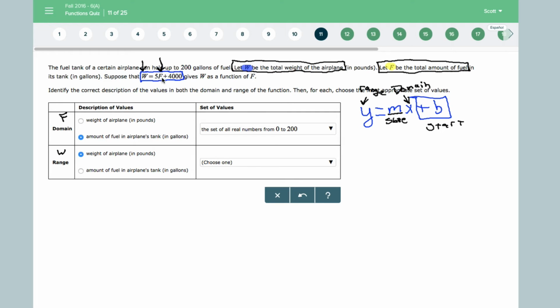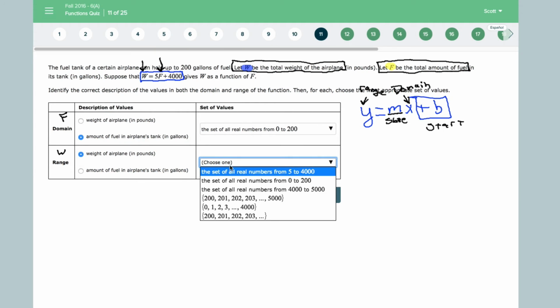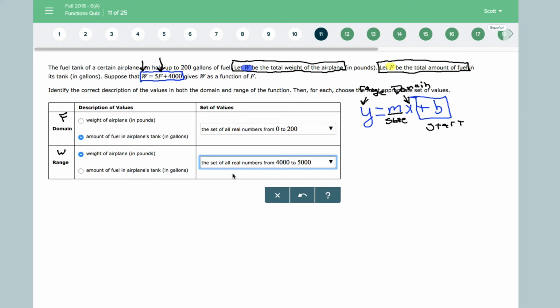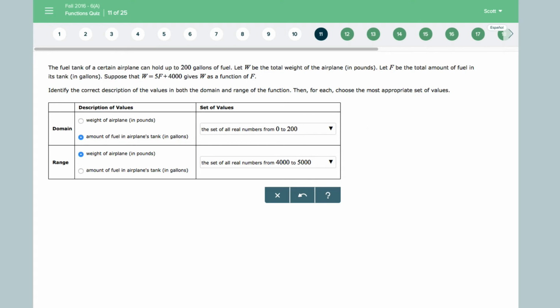If we put 0 fuel, 5 times 0 is 0. 0 plus 4,000 is 4,000. So no matter what we have in there, it can't weigh less than 4,000. If we put 200 in there, that would be 1,000. 1,000 plus 4,000 is 5,000. So this is just saying, if I plug in that 0, what would I get? If I plug in that 200 right there, what would I get? Okay, and that's how you answer that one.